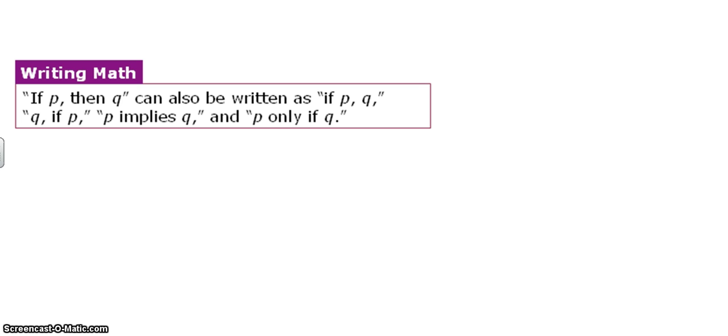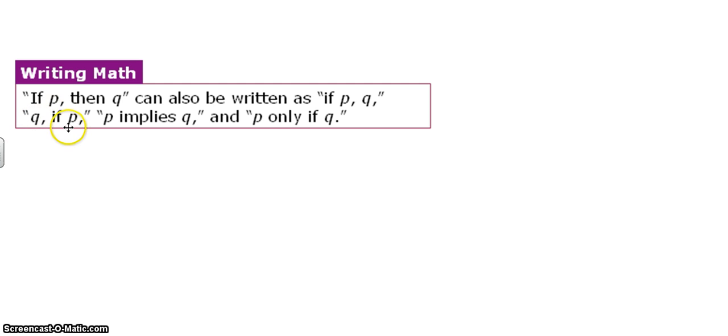When writing these conditional statements in math, we love to write in shorthand, right? So let's see the varied ways that we could write our conditional statements. We could just write them out: if P, then Q. If the hypothesis, then the conclusion. It could also be written if P, Q, without the word then. We saw that in one of our examples, right?